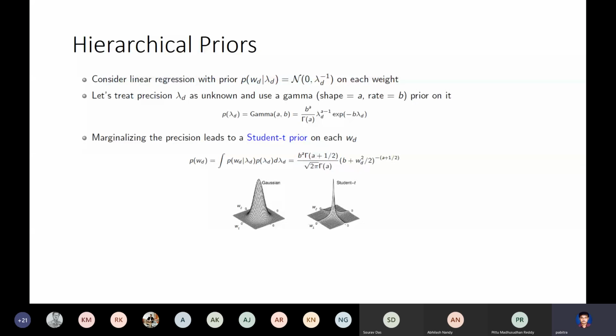Note that this is not the only way regression can be done. You can have many other types of regression. We talked about linear and kernel. There can be general nonlinear. There can be something called generalized linear models, where instead of y equal to Wx plus epsilon, you have y equal to f(x) plus epsilon, where f is called a link function.